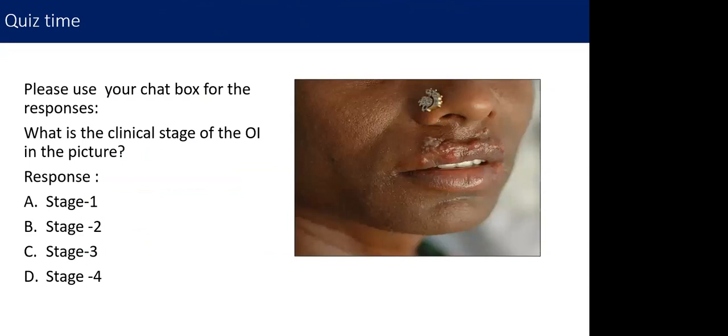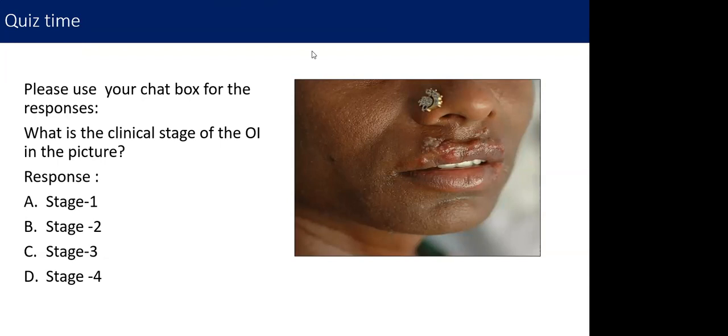So this is time for you to use your chat box for the responses, like the clinical stage of the opportunistic infection. I think people are supposed to type in the chat box. Participants are requested to put their responses in the chat box.